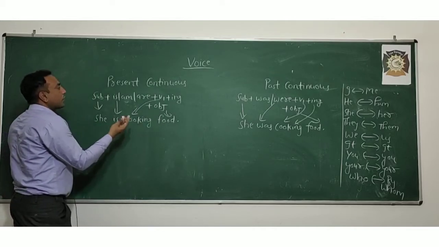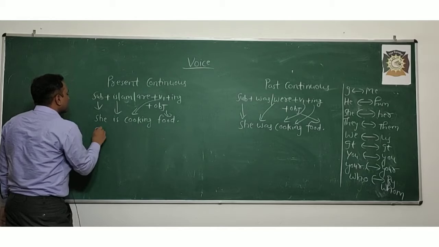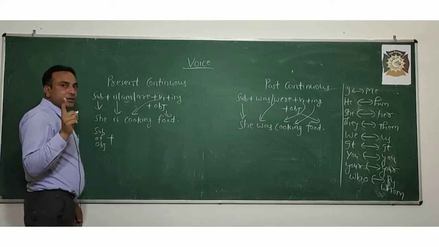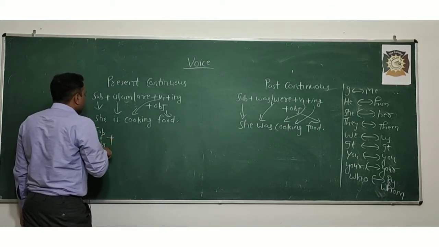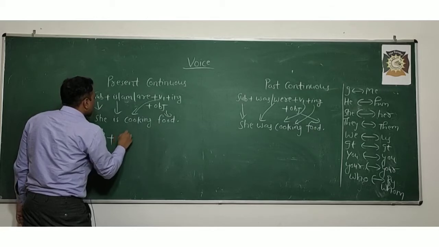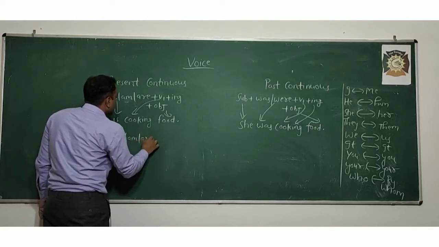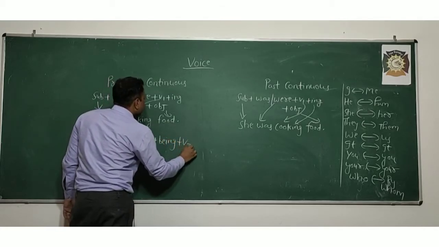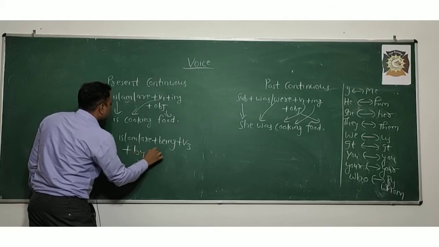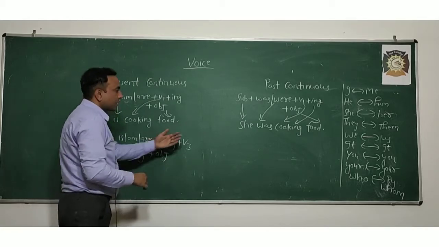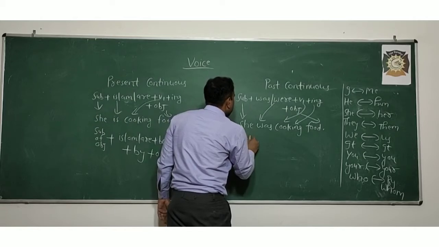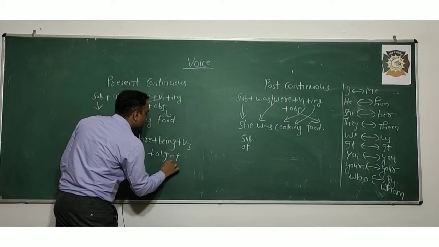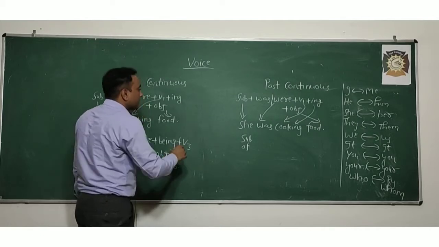So what's the structure formula for passive voice? Structural formula, I will write it only once. Subject plus, object of the sentence plus is/am/are plus being plus V3 plus by plus subject of the sentence. The same you will write here: object as subject, because subject is changed into object and object is changed into subject.